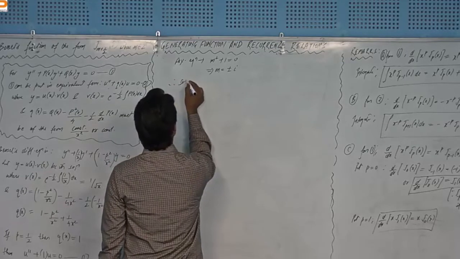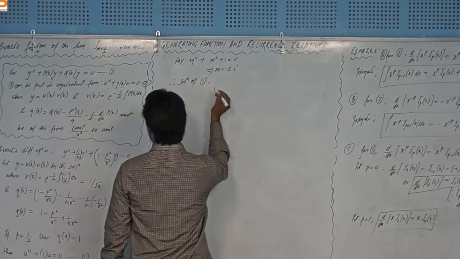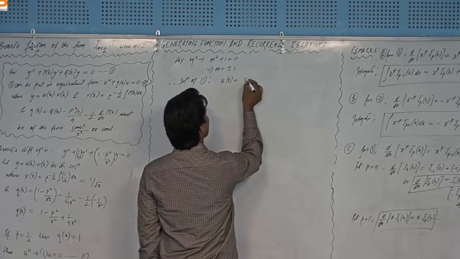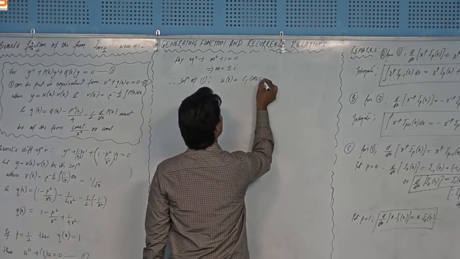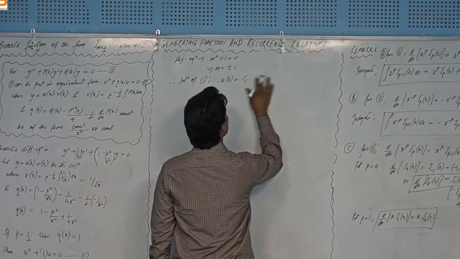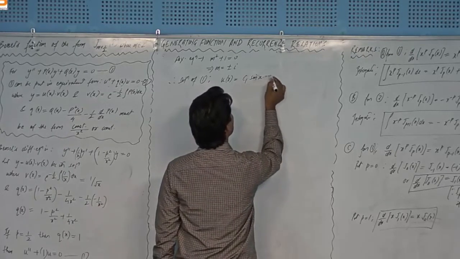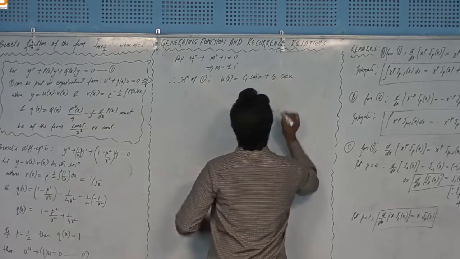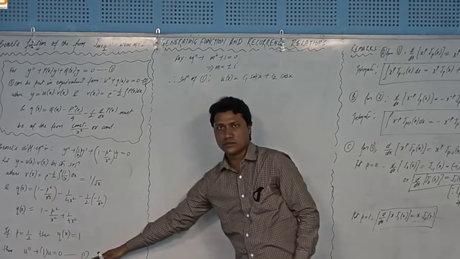Therefore the solution of 1, and that is in u, so ux is equal to c1 cos x plus c2 sin x, right? You write the solution in this form. This is the solution of this differential equation, right?